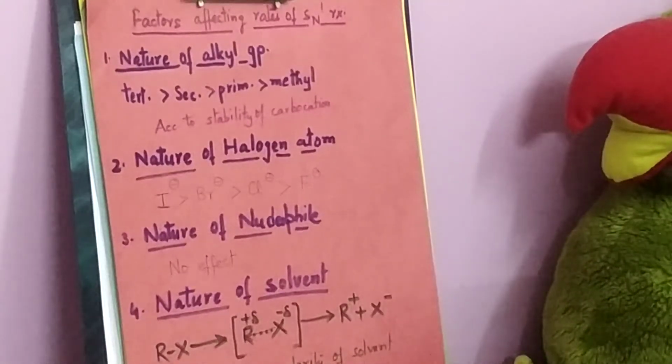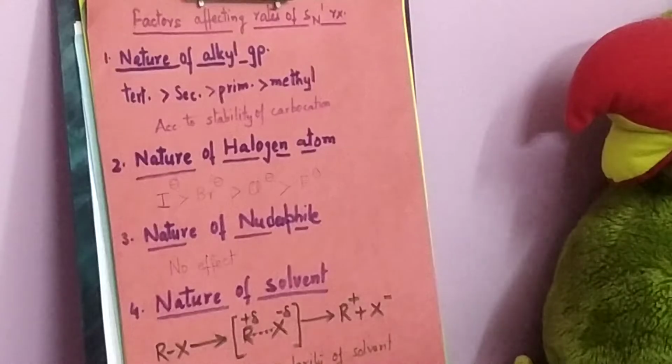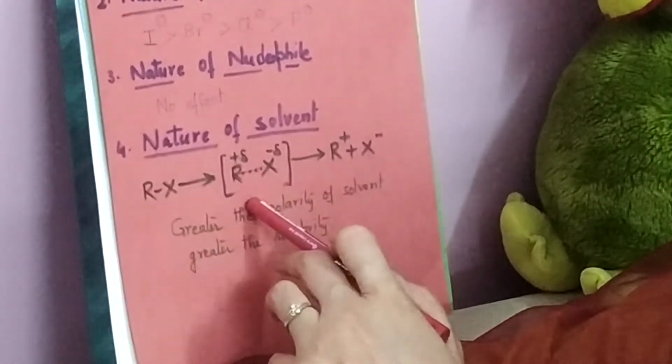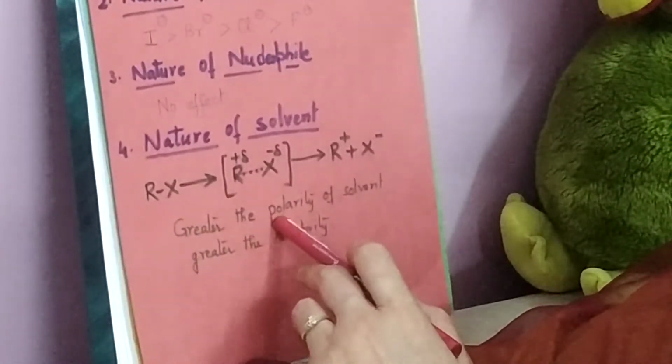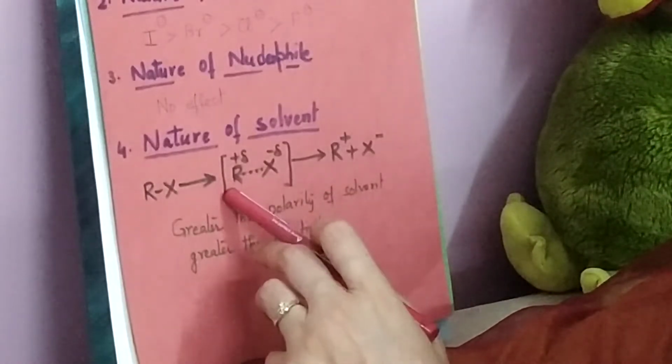This ionization will be favored with polar solvents, because polar solvents will be interacting and providing energy to the RX molecule, so that it gets dissociated into R positive and X negative. As a result, the reaction will be accelerated.